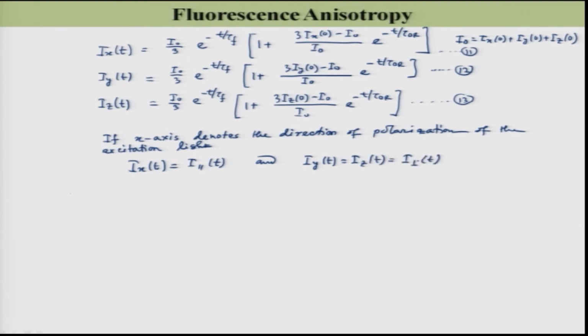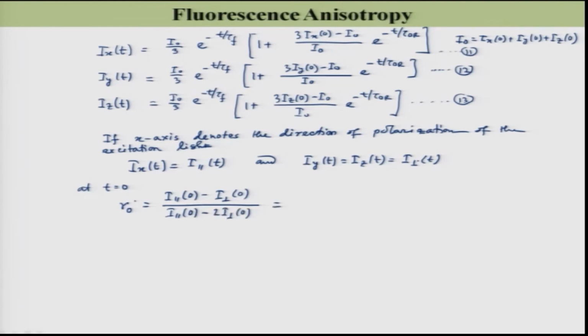So, for this at t equal to 0, I can simply write this R0, right, I parallel 0 minus I perpendicular 0 by I parallel 0 minus twice I perpendicular 0.